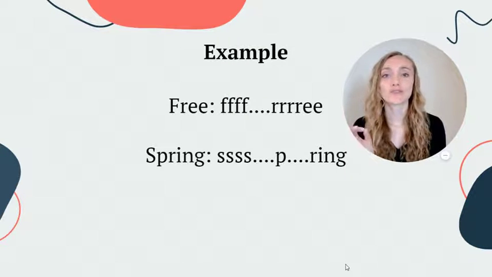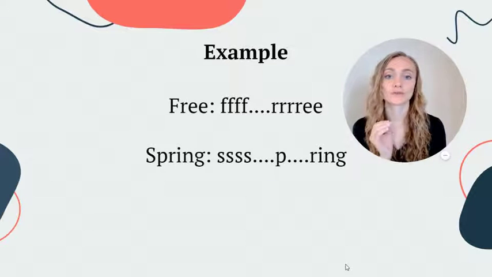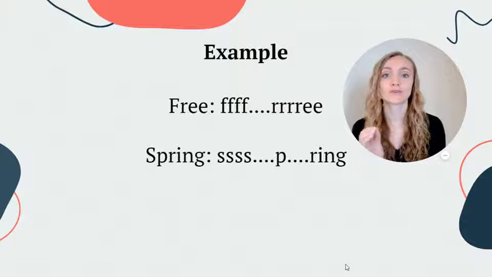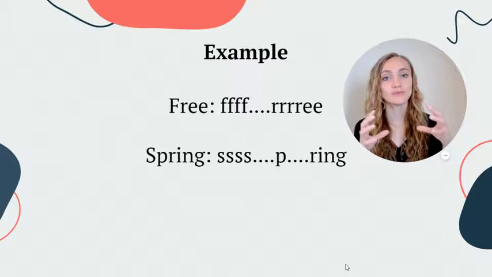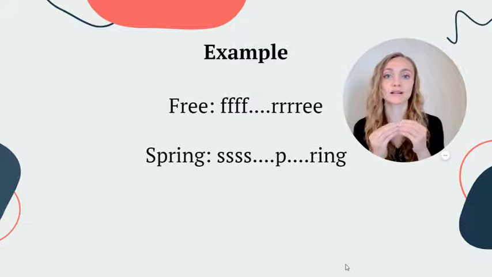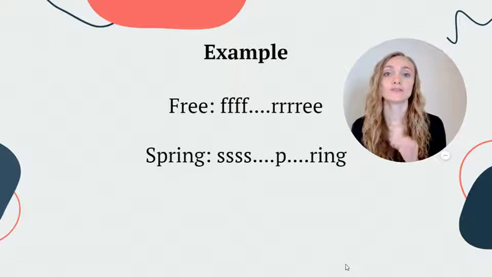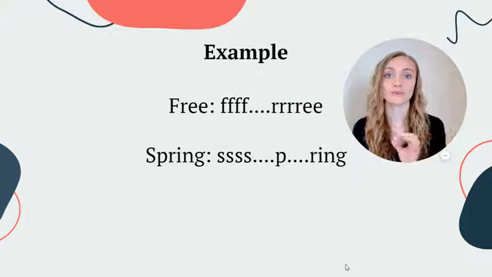And we want to start slowly uniting this transition and bring the consonants closer together. Free, free, free.